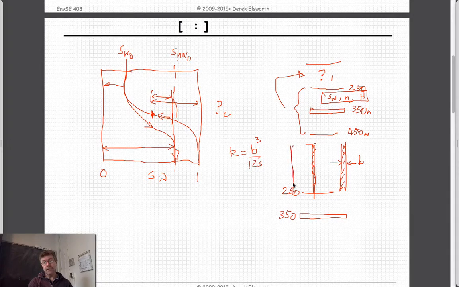So in other words, these fractures would be spaced by some amount, and you can look at the question to figure that out. If you know the permeability, can you calculate what the apertures of these fractures were? And if you do calculate what the apertures are, you can probably calculate how high a column of water you could hold in these.